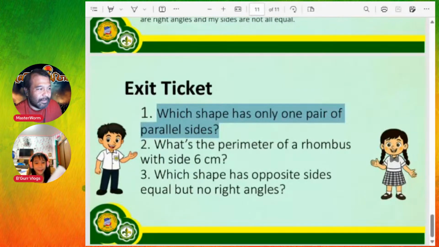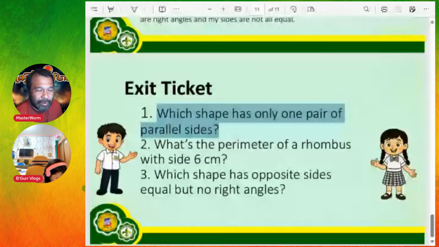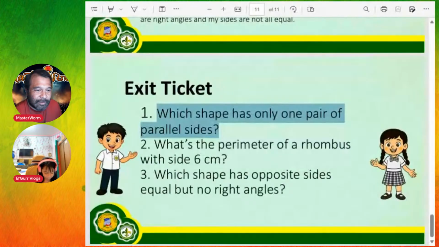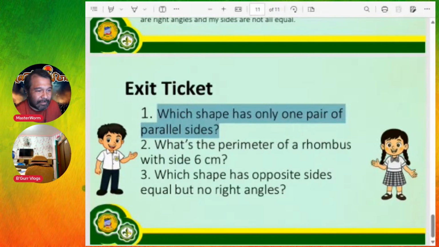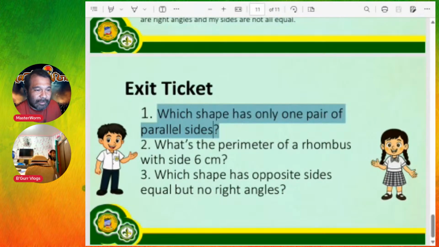Daddy, is it okay if I use this? It's up to you what you want to use. We can have a blackboard or a dry erase board. I'll just use the paper, Daddy. Okay, you can use the paper. Good job.